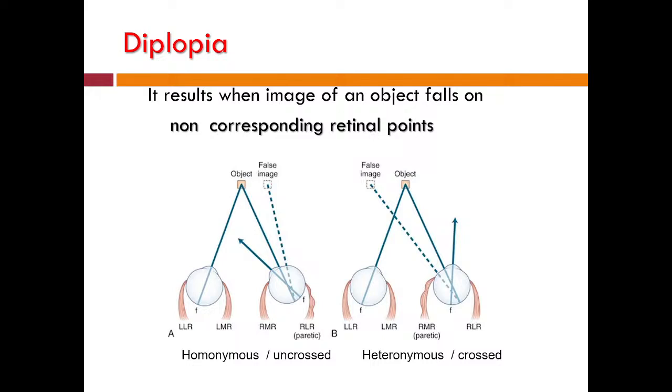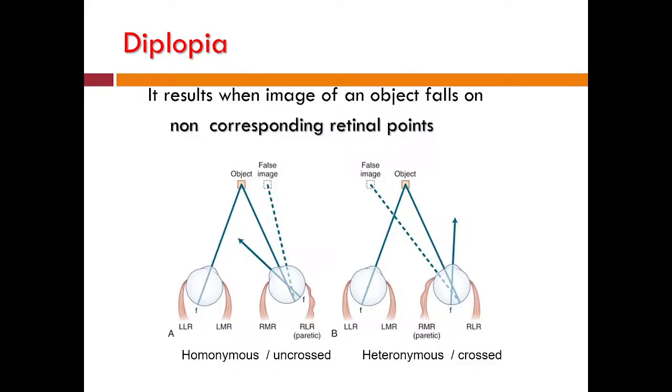This is exodeviation. Either the medial rectus is paretic, so the lateral rectus is overacting, and the eye is exodeviated. When the eye is exodeviated, the fovea is moved nasally. So now the image is falling on some extrafoveal point temporally. It's falling temporally, so it is projected here, on the opposite side of the eye with paresis of the muscle. It's called a crossed diplopia.